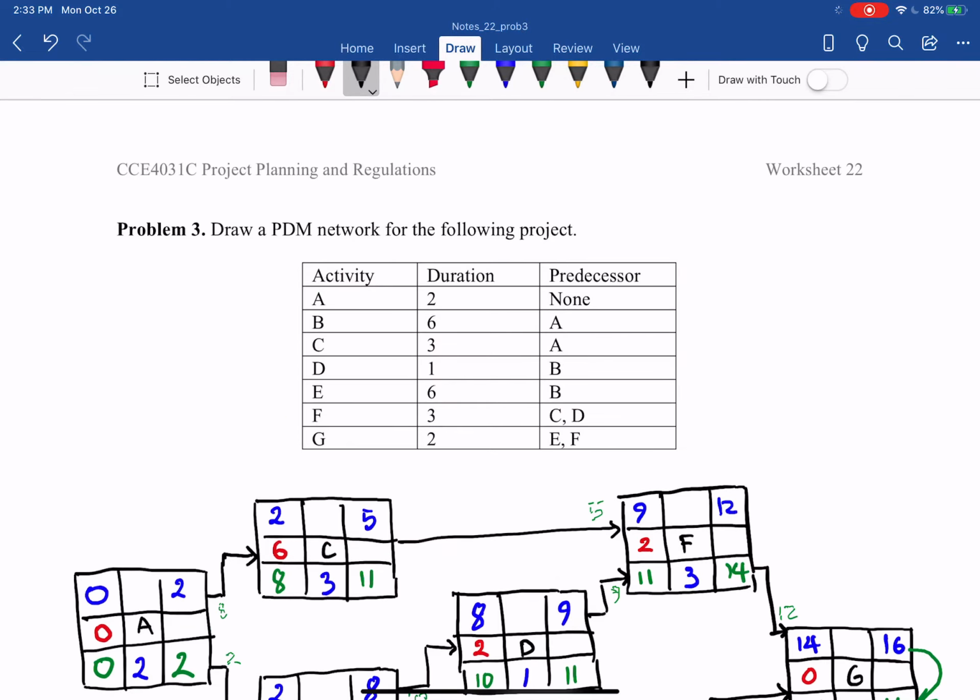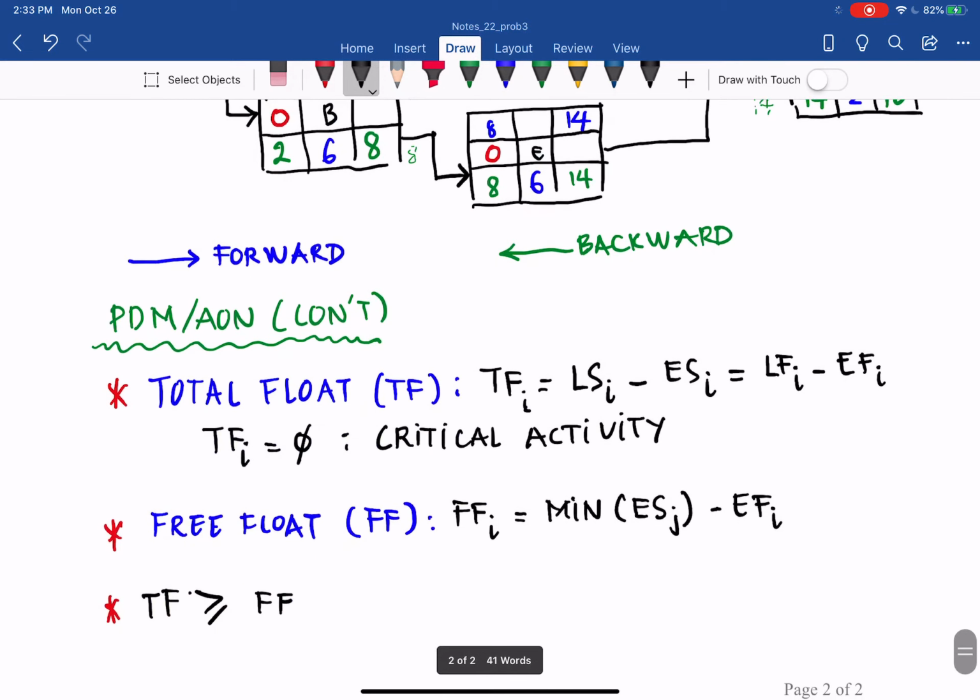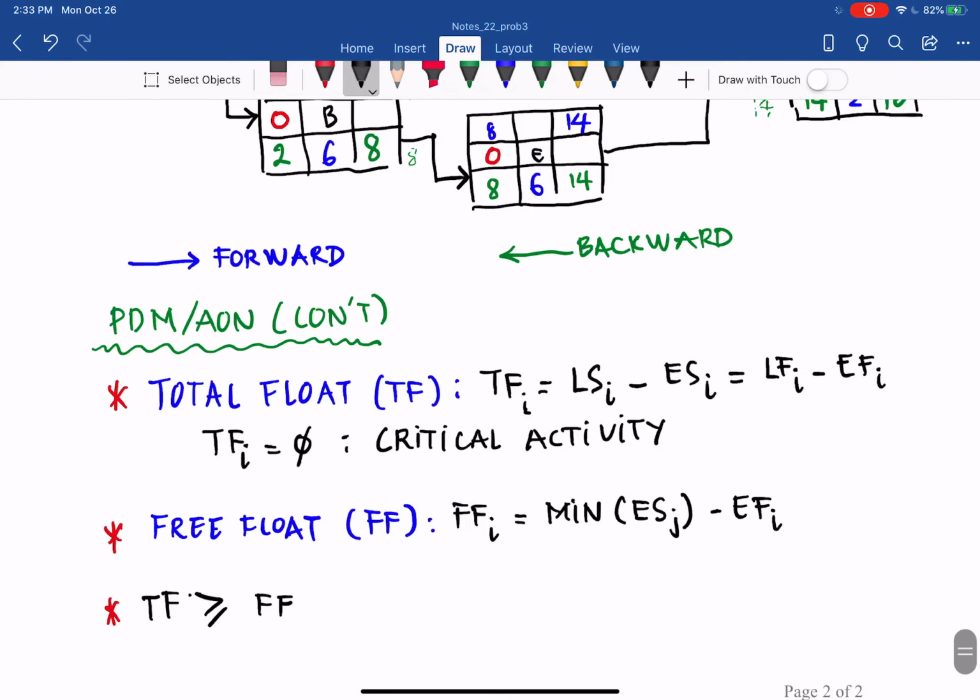And if you remember, the total float is the amount of time that an activity can be delayed without delaying the project duration. Free float is the amount of time that an activity can be delayed without delaying the early start of the successor.